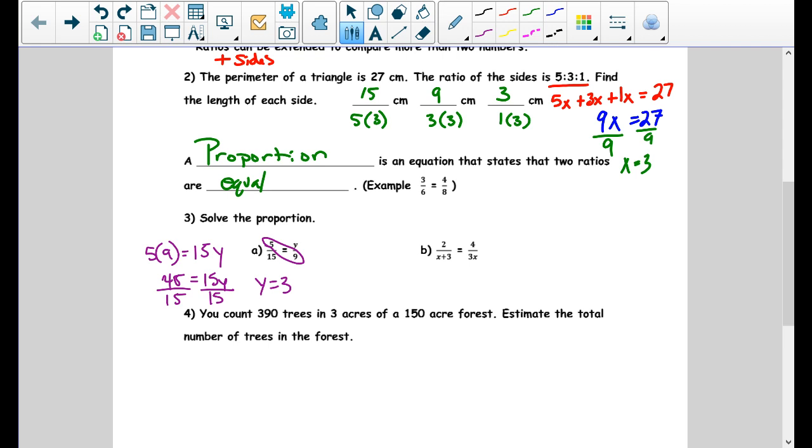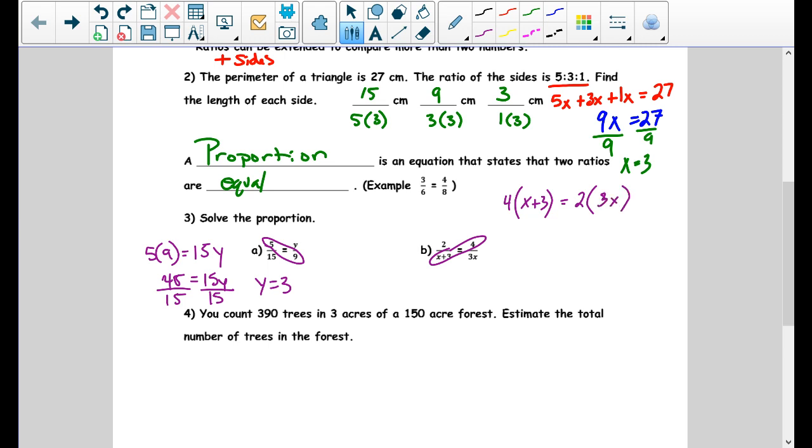So yeah, that's if it's just numbers. Okay? If I have algebraic ones here, so I have actual expressions in here. Same idea, we're multiplying the diagonal ones here. So 4 times x plus 3 equals 2 times 3x.